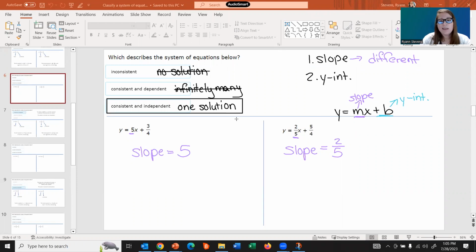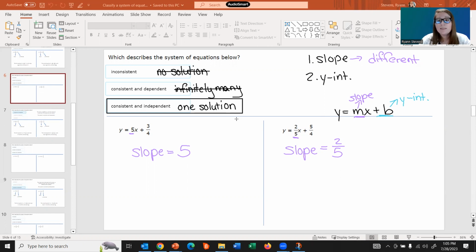Think of it this way too. Inconsistent means no solution, right? There is no answer. If you're struggling to decide how to determine which of the other two, consistent and dependent or consistent and independent, is which, think about independent being two separate lines. The slope is different, okay? So they're independent. That means there's one solution.